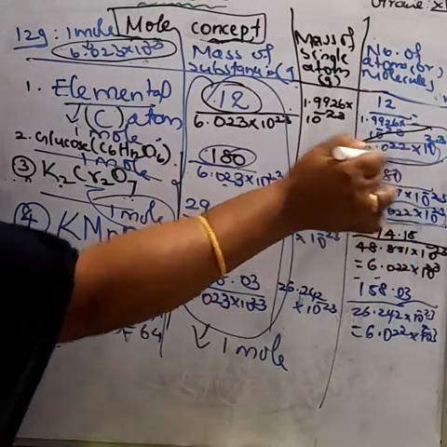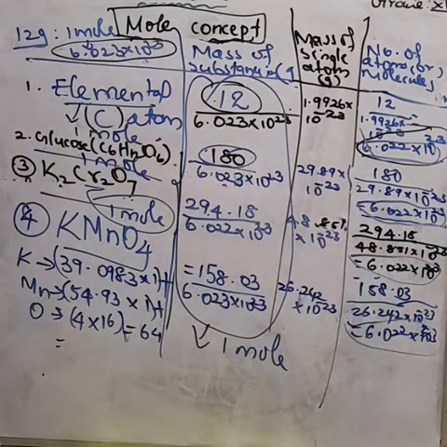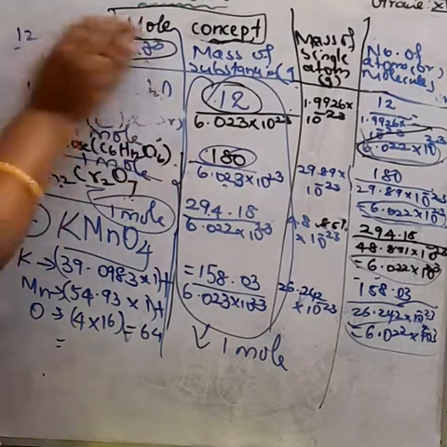I hope all of you understood that. So 1 mole of any substance is equal to 6.022 into 10 power 23. Understood, students? This number was given by one of the scientists. What is the name? Avogadro.